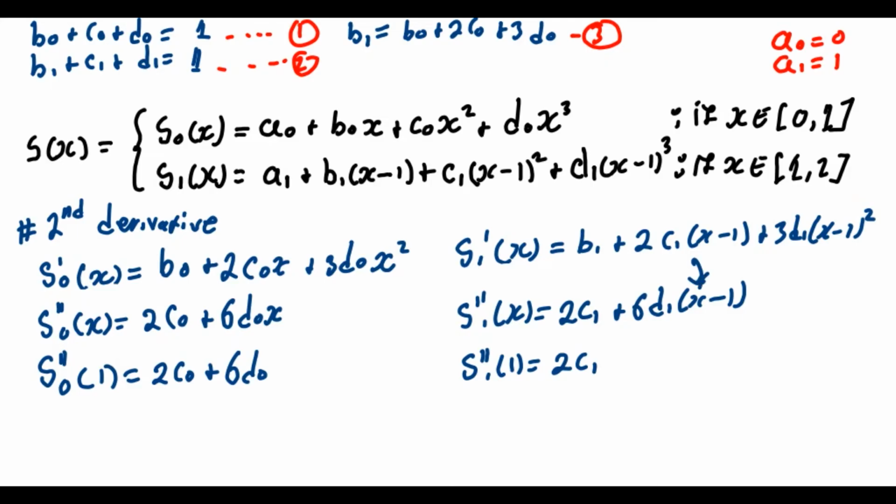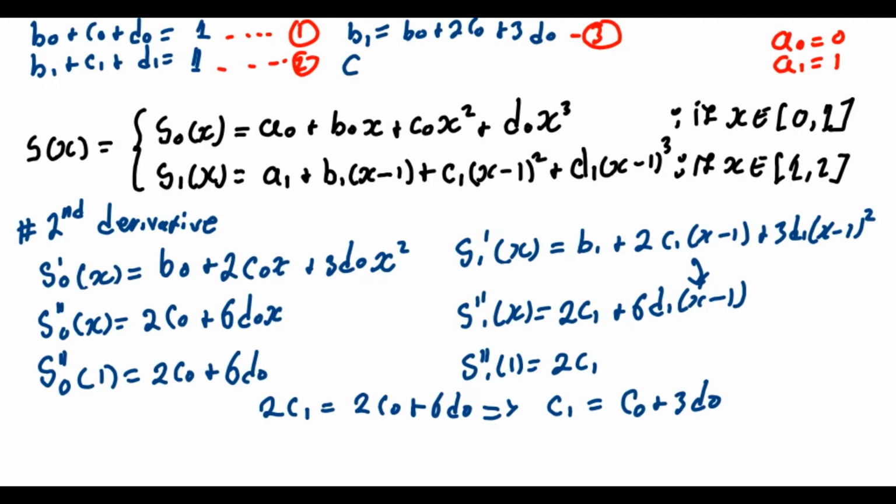So it simply means 2c sub 1 is equal to 2c naught plus 6d naught. If you divide both sides by 2, your c sub 1 is equal to c naught plus 3d naught. Allow me to name that as equation 4.